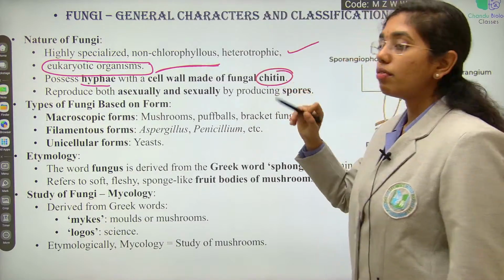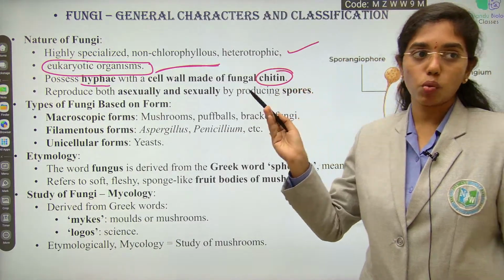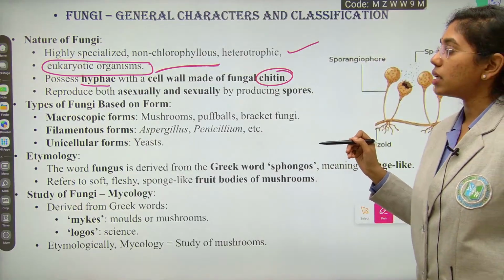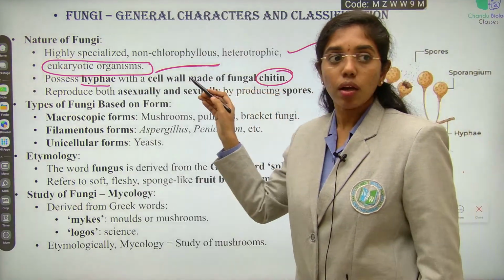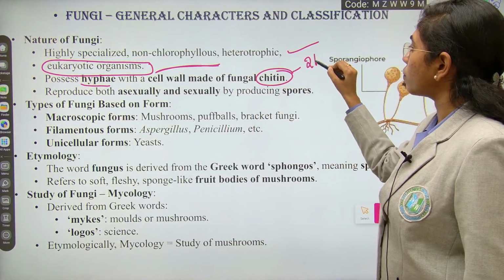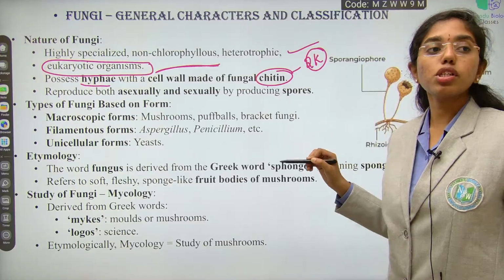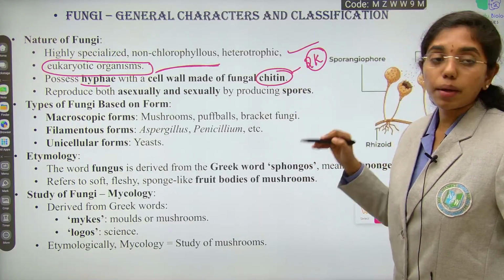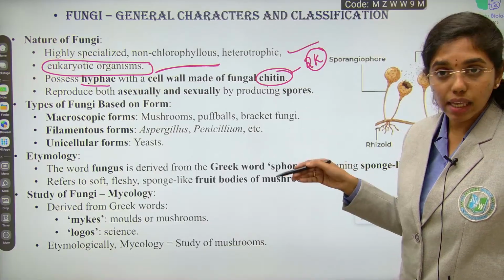Here we will move on to the classification for a bit, which we will also learn in taxonomy. As it has a cell wall, which is the major criterion for the two kingdom system of classification. In the two kingdom system of classification by Carolus Linnaeus, fungi is kept under plantae because it has a cell wall.